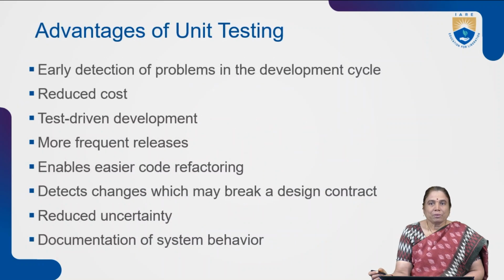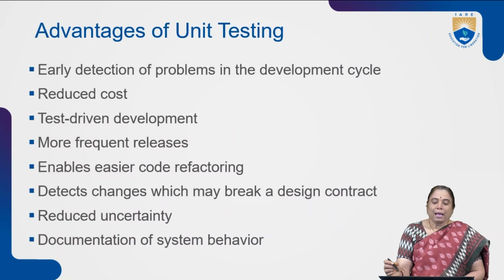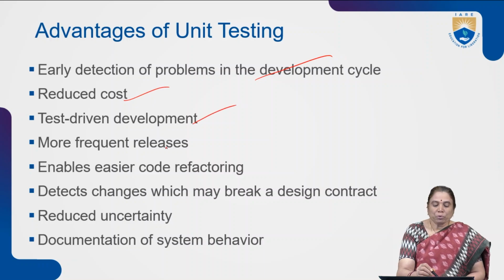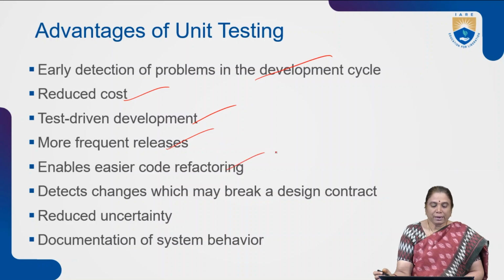The advantages of unit testing are early detection of problems in the development cycle, reduced cost, test-driven development, more frequent releases, easier code refactoring, detecting changes which may break a design contract, reduced uncertainty, and documentation of system behavior.